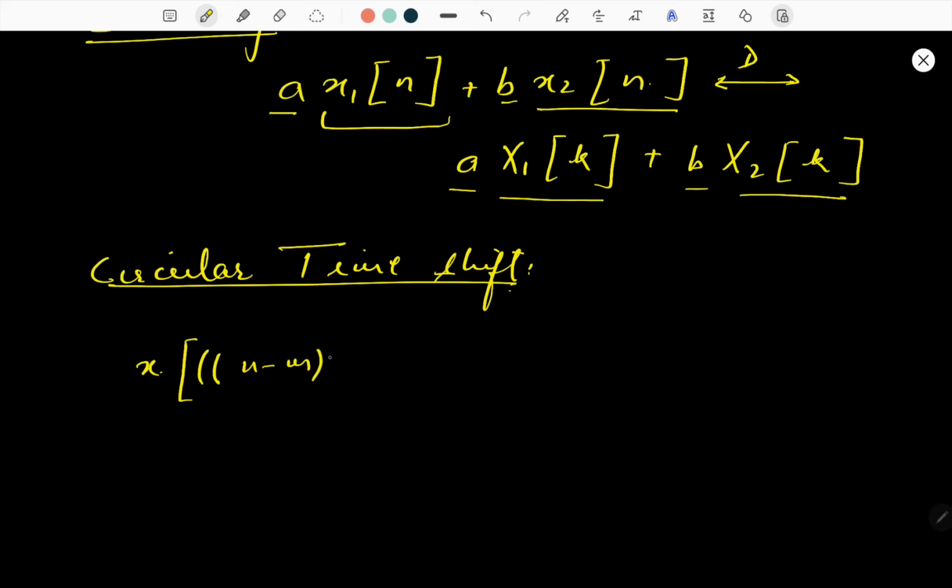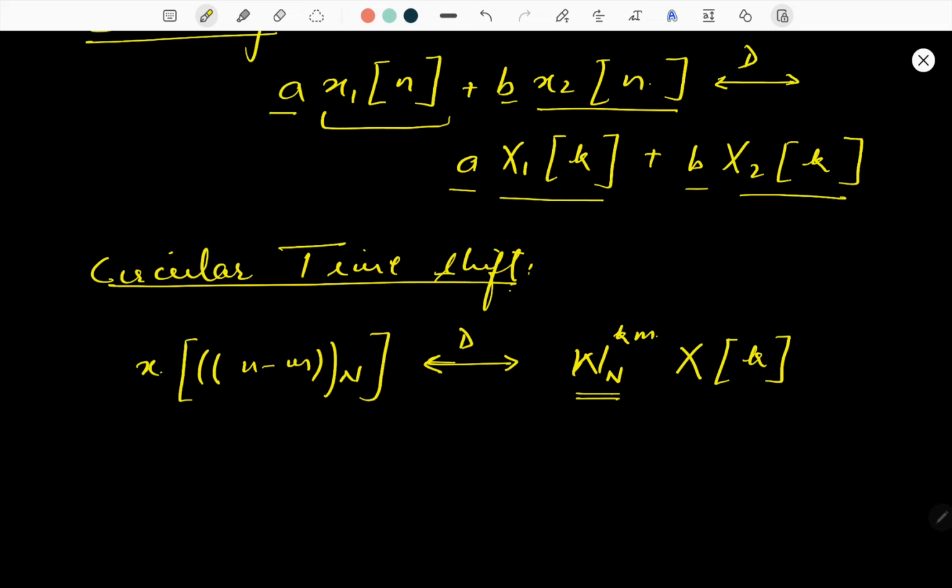So the discrete Fourier transform of the circular time shift should become W_N to the power k m times X(k). We have already studied how this W is coming in the last lecture. So this property is known as the circular time shift.